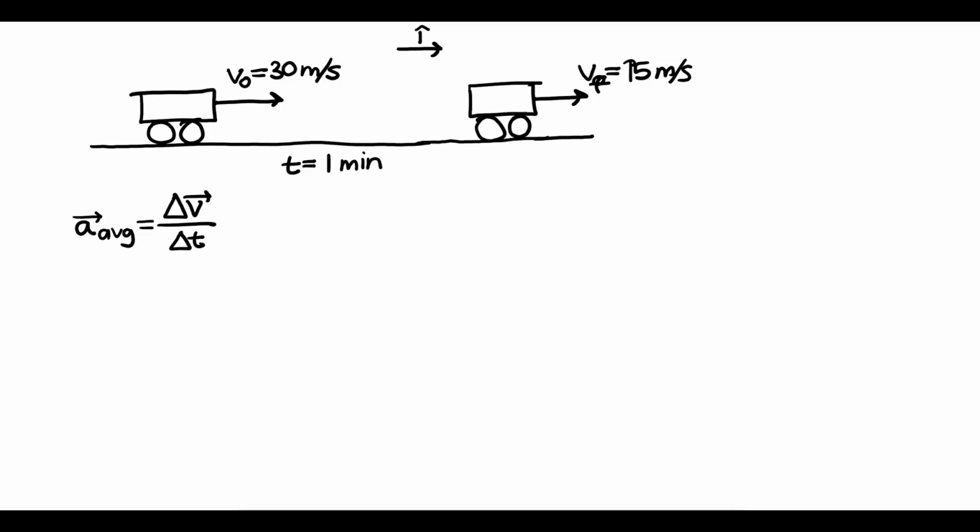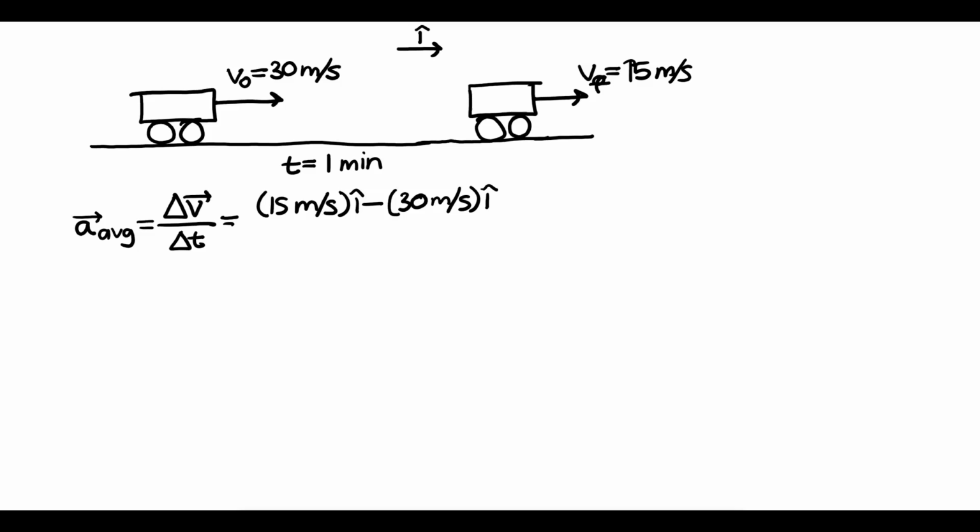That means our initial velocity was 30 meters per second in the i direction. Our final is 15 meters per second in the i direction, minus our initial, 30 meters per second in the i direction.